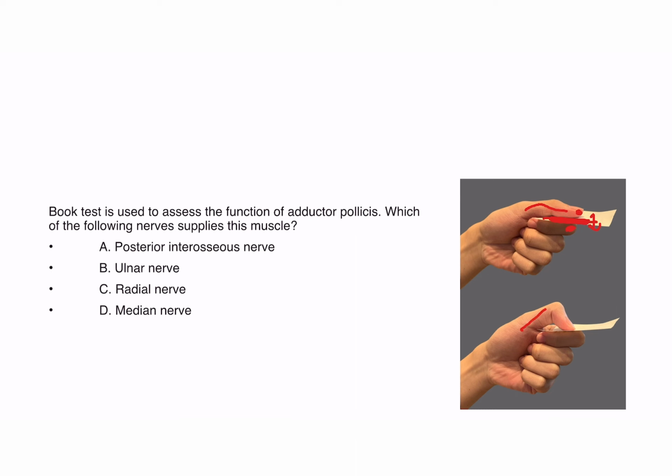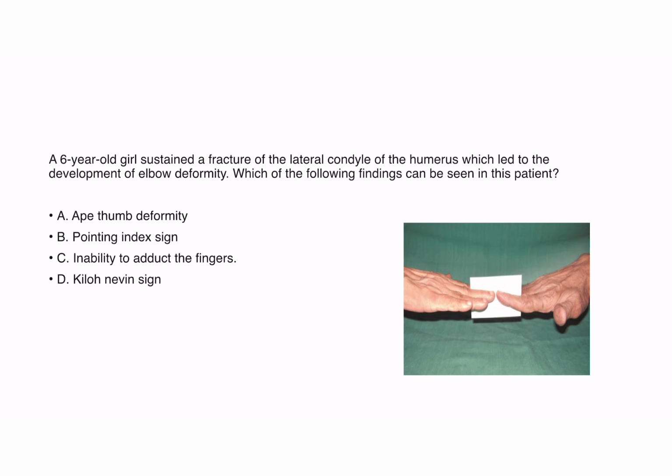This is a book test or a card test, right? So instead of using an adductor pollicis, if he is flexing and holding the paper, then his median nerve is functioning, because flexor pollicis longus is supplied by median nerve, but adductor pollicis is supplied by ulnar nerve. So basically book test is assessing which nerve? Ulnar nerve.